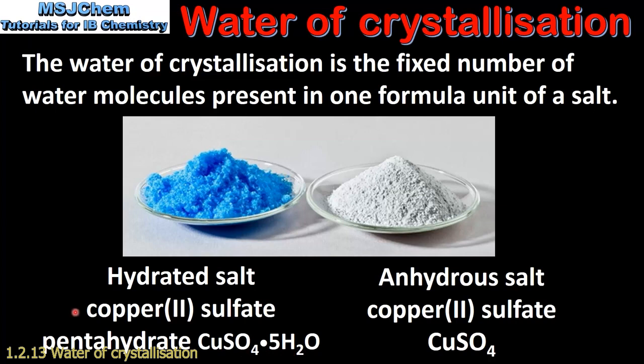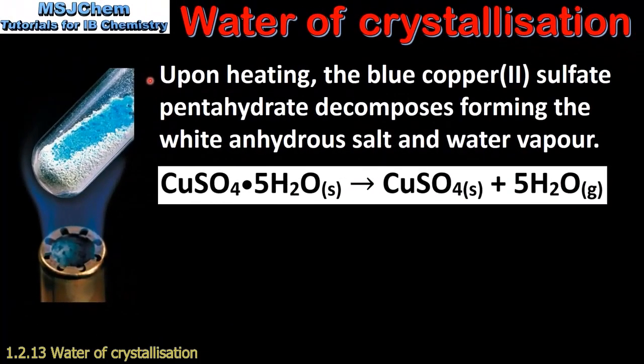The hydrated salt is named according to how many water molecules there are in the salt. So in this case the salt is named copper(II) sulfate pentahydrate because there are 5 water molecules. Upon heating, the blue copper sulfate pentahydrate decomposes, forming the white anhydrous salt and water vapor.